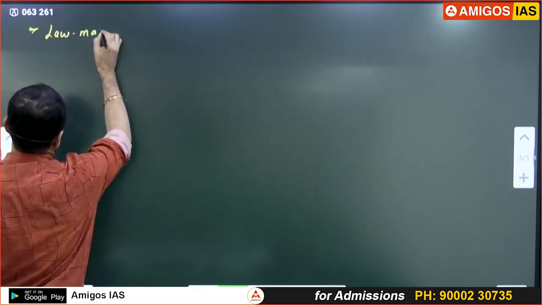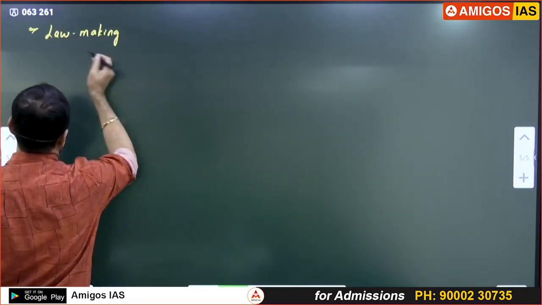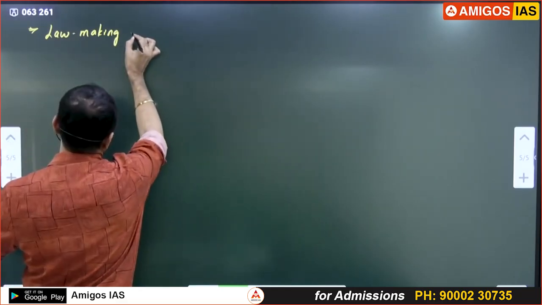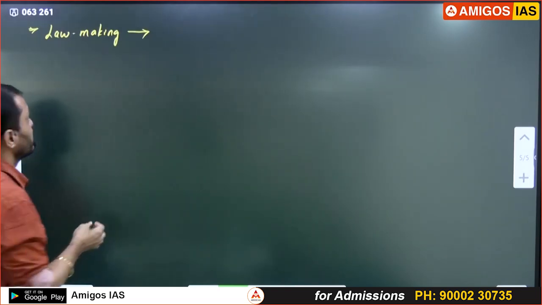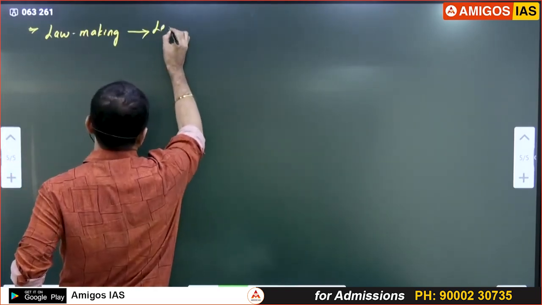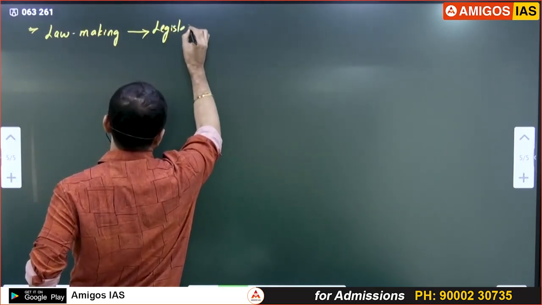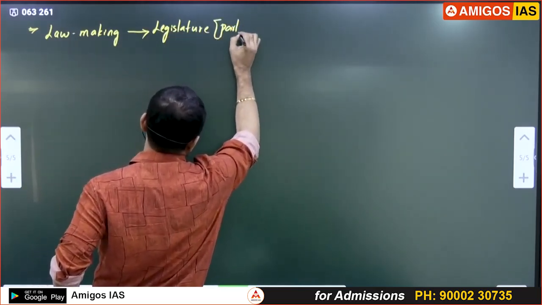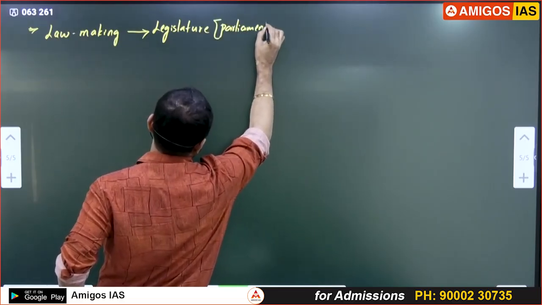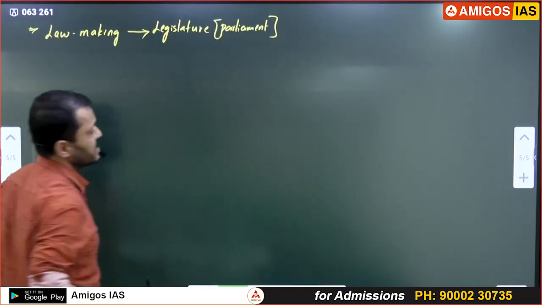Next, let us discuss one more concept, regarding law making and law implementation. First, listen, guys, in the present day, who is involved with law making? Obviously, the legislature, which is known as parliament at the central level and state legislature at the state level.